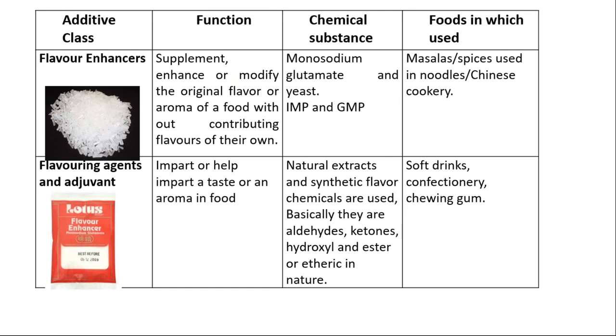So almost all of you must be eating gobi manchurian or noodles, whether it is the 2-minute noodles or the Yippee noodles. All the flavor masala packets will have monosodium glutamate, which enhances the umami flavor or the yeast-like flavor.